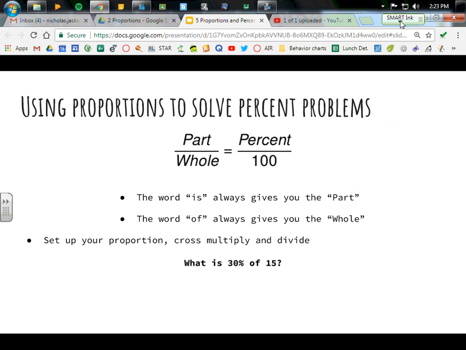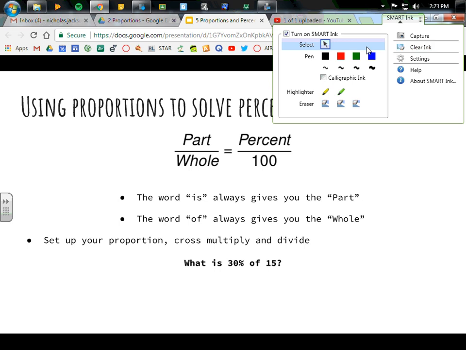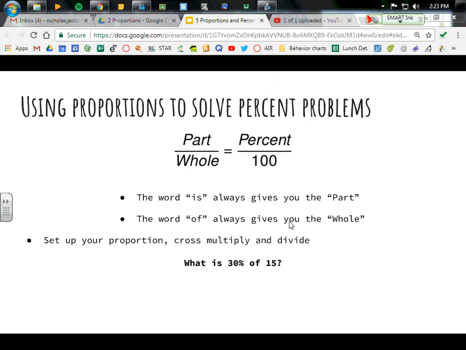So here we have an example. What is 30% of 15? Like I said, "is" is associated with the part. Since this problem is saying what is 30% of 15, the part is what we are trying to find.